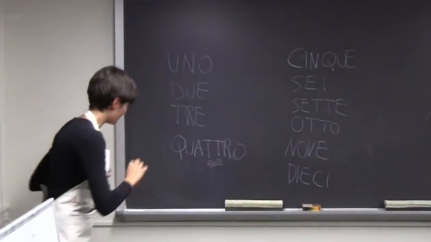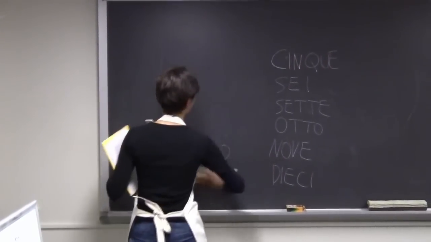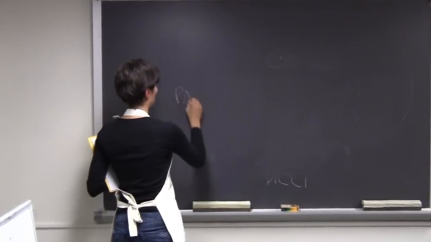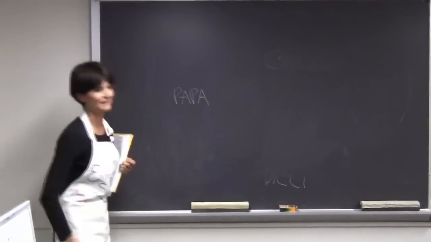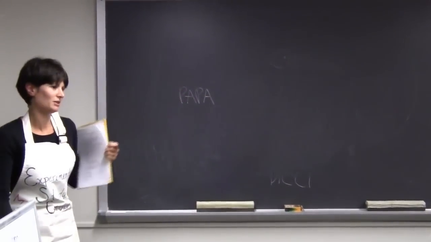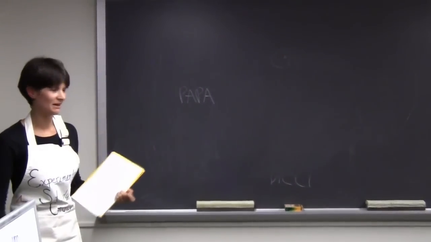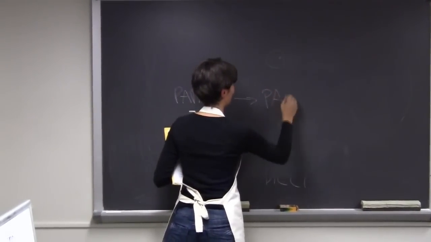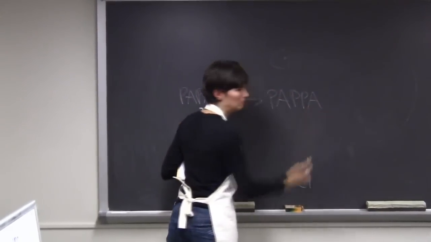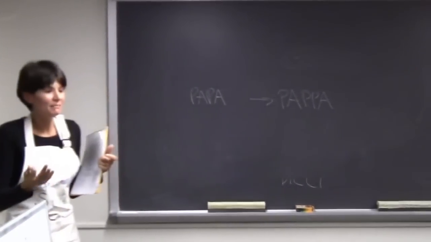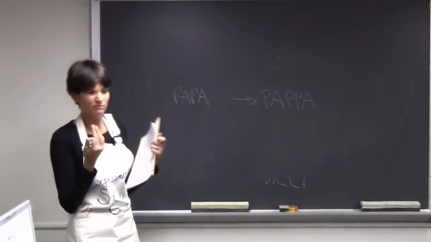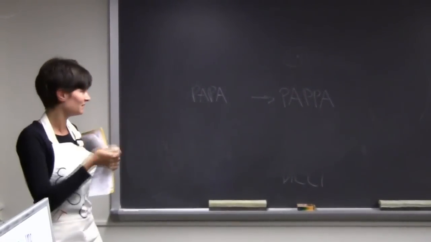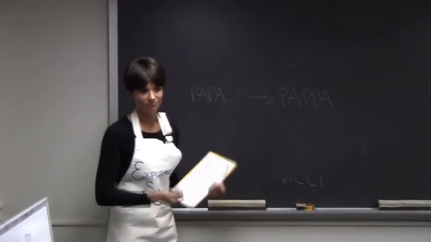Again, if you say Papa, that's the Pope. We are a very Catholic country, so we keep using the Papa as an example. If you put the double, it's pappa. And pappa means food in a cute way, like if you're talking to a little baby and you say, eat this pappa.